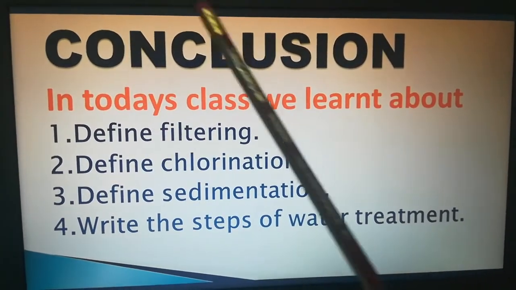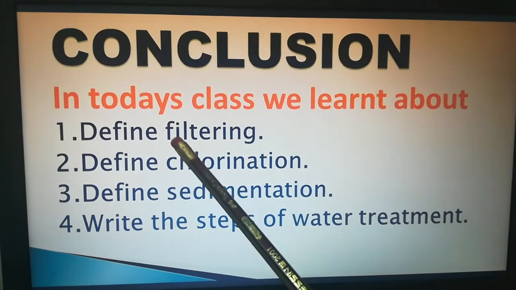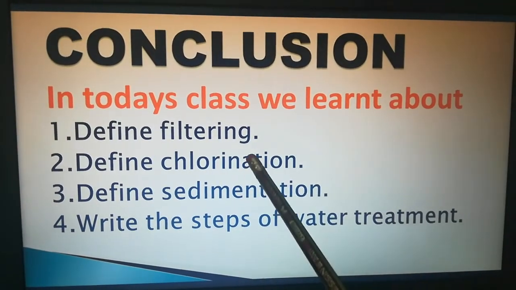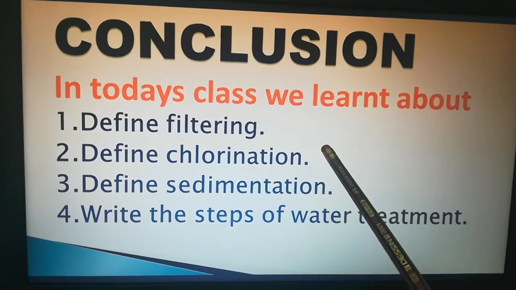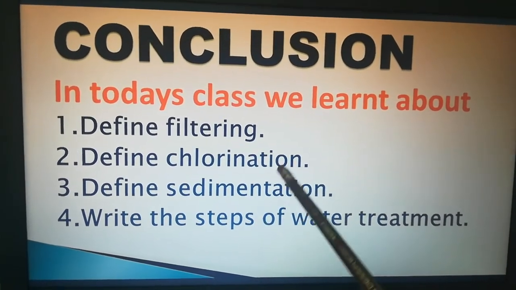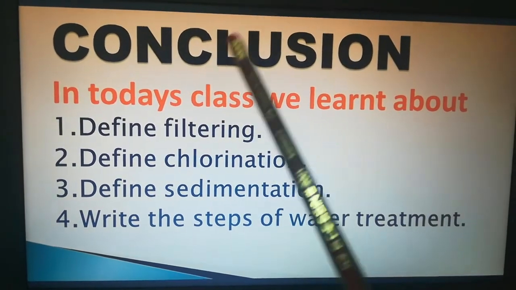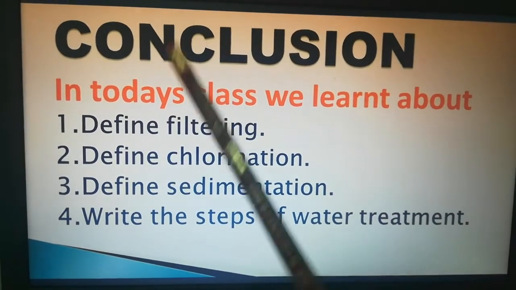Okay. In today's class, what did we learn? We learnt about the stages involved in water treatment, like filtering, chlorination and sedimentation, and how the water is filtered. What is the importance of filtering the water?